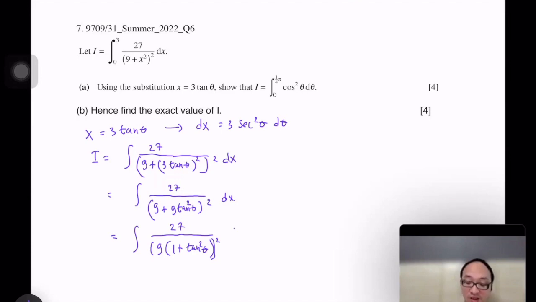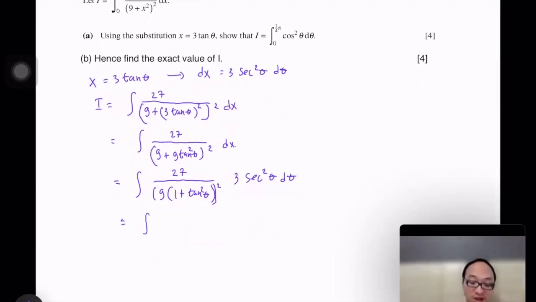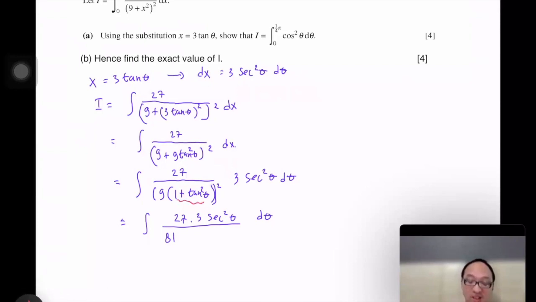dx we substitute with 3 secant square theta d theta. Okay, integral. So we have 27 times 3 secant square theta d theta over 9 square, which is 81, times 1 plus tangent square.